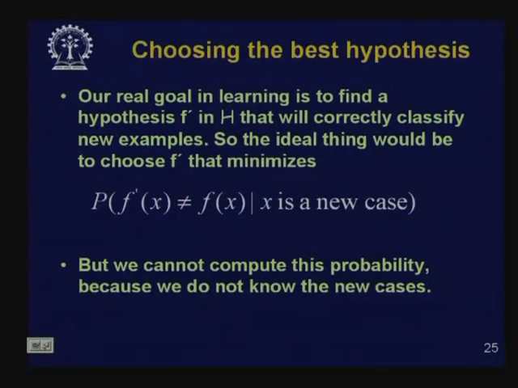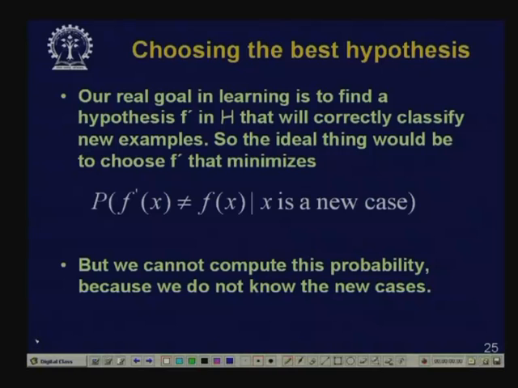Now, let us see what we mean by choosing the best hypothesis. You see, we are given a set of training examples, but our real goal in learning is to find a hypothesis f' belonging to H that will correctly classify new examples, all examples.